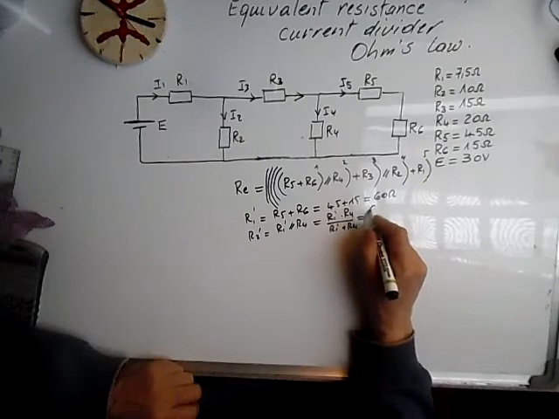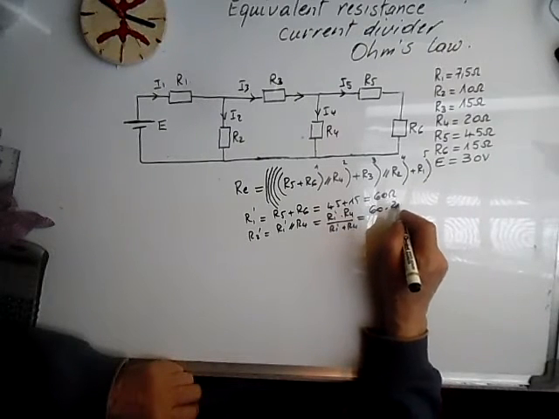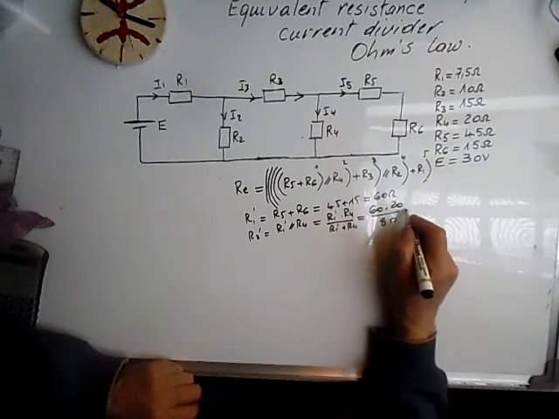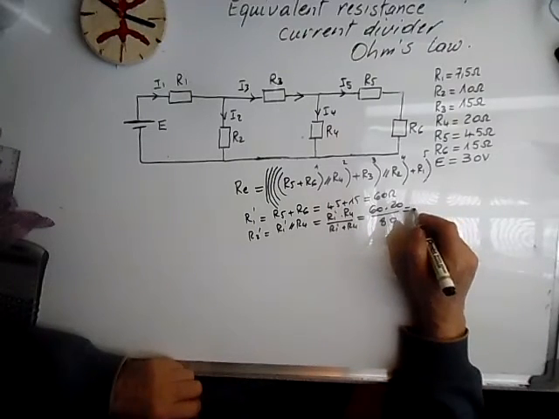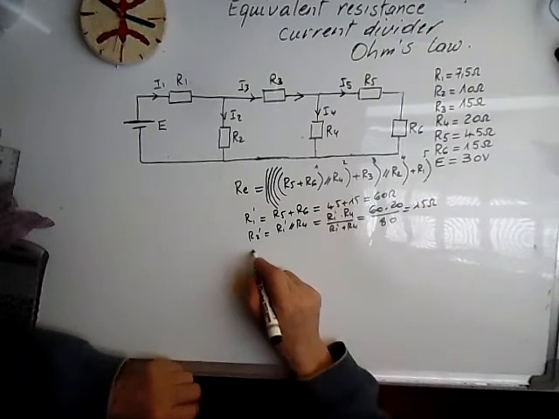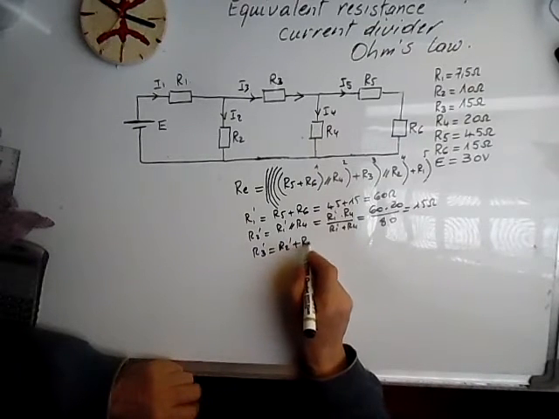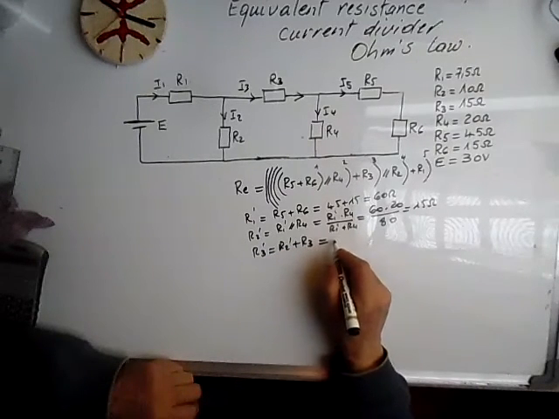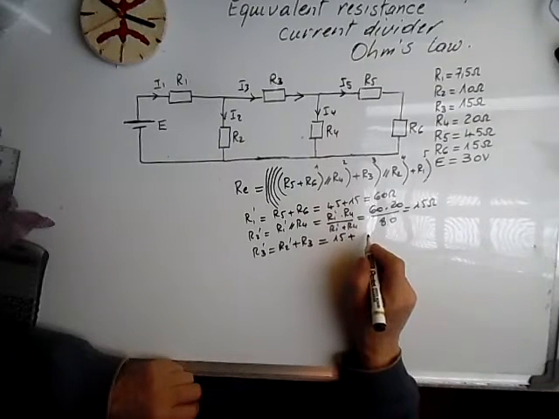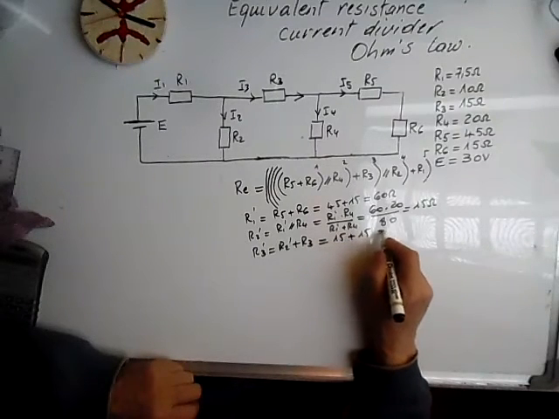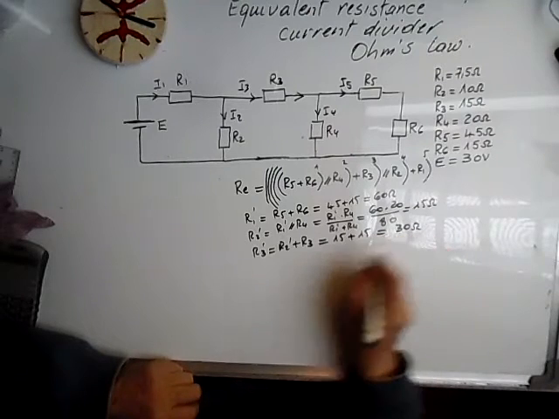It means that we have 60 times 20 over 80, and this is 15 ohms. R3 prime is R2 prime plus R3 that are in series, so it's 15 plus R3, which is 15, gives us 30 ohms.